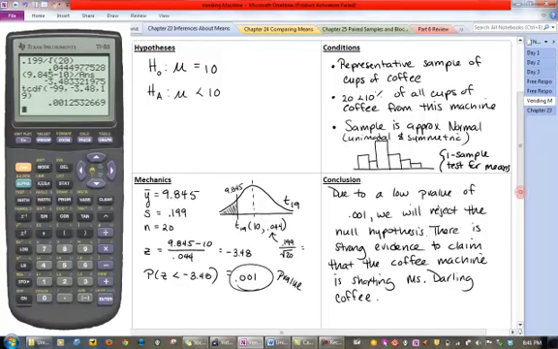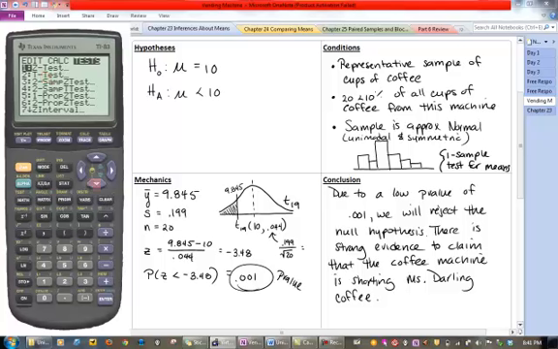Before we move on to do the confidence intervals, I just want to make sure that you know another way that we can also do this problem on our calculators. So if we go to Stat, Tests, there is a t-test here. And that's essentially what we're doing. We're doing a one sample t-test for means.